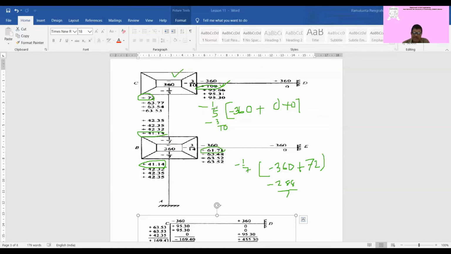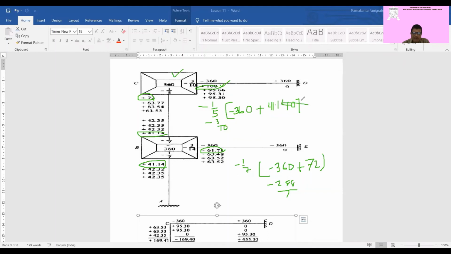When you come to the second cycle here, you have understood this. Now I want to come to the second cycle here. The second cycle will be minus 1 by minus 360. Then contribution from here 0. From this side contribution will be plus 41. So now what will be written here? In the second cycle, we can retain this value, plus 41.14.